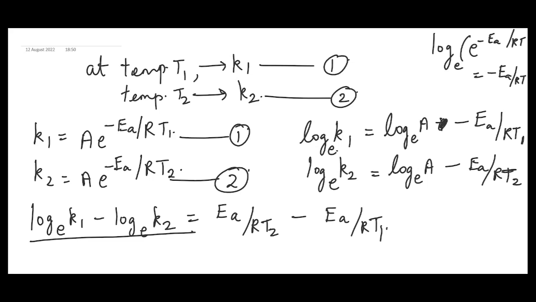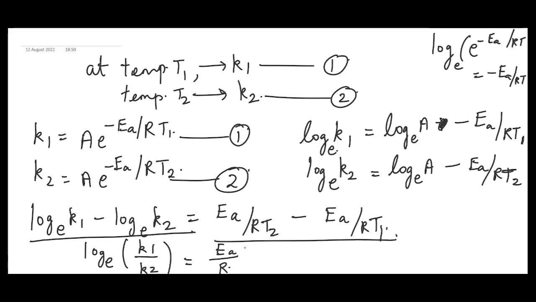We can write log A minus log B as log A by B. Following that rule, we can further simplify this equation to log of K1 by K2 is equal to, now this EA by R we can take out because it is a constant, EA by R into 1 by T2 minus 1 by T1.